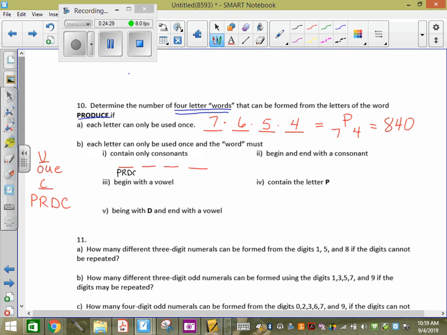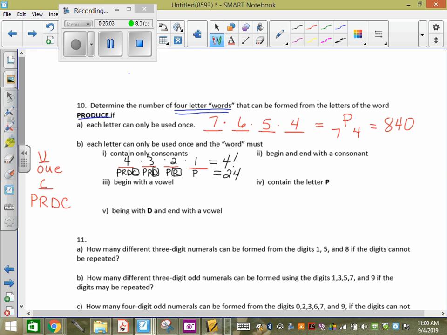P, R, D, C. 4. Then I hold 1 there. P, R, D. 3. Then I hold 1. P, R. 2. Hold 1. P. Now, can that be written as 4 factorial? Yes, it goes down by 1 each time, and it goes all the way to the number 1. So I could type in 4 factorial, or I could type in 4 times 3 times 2 times 1, which is 24.